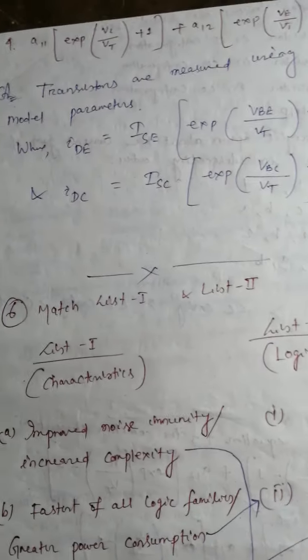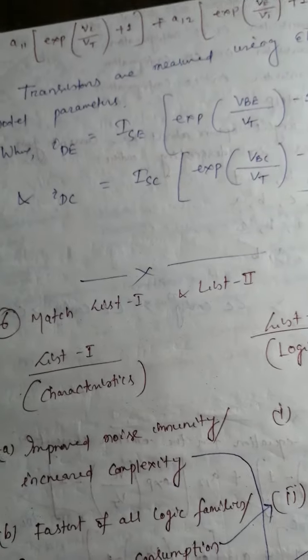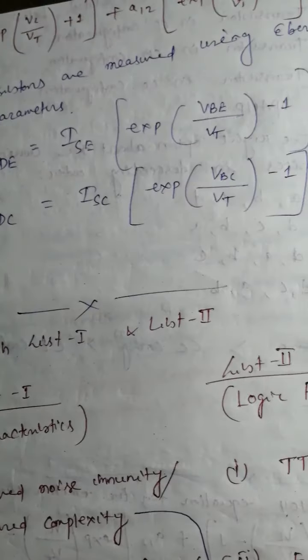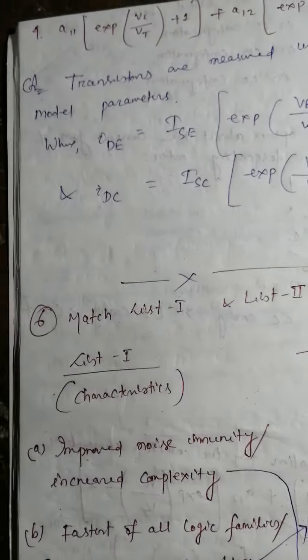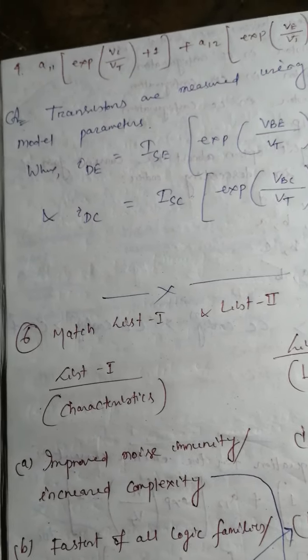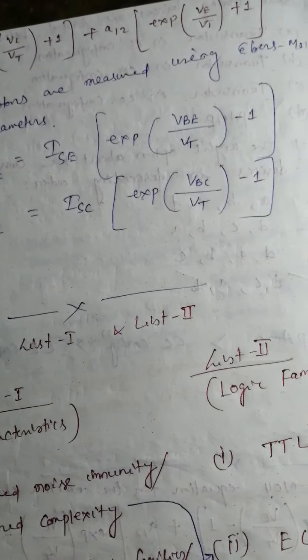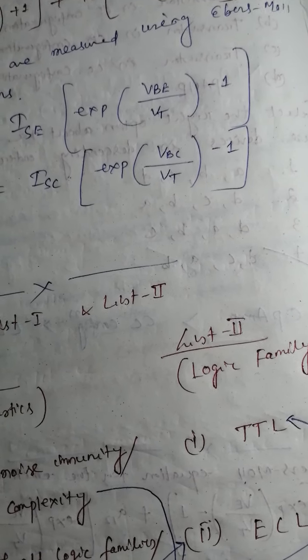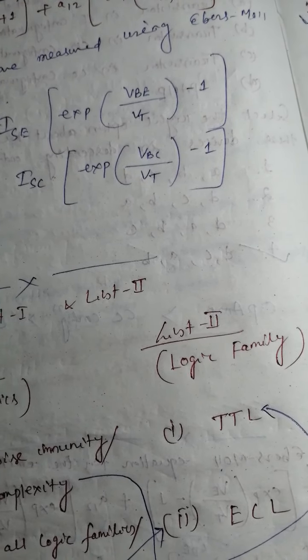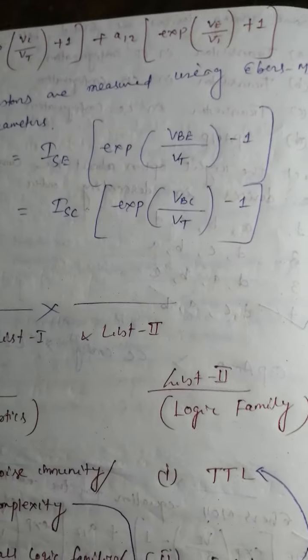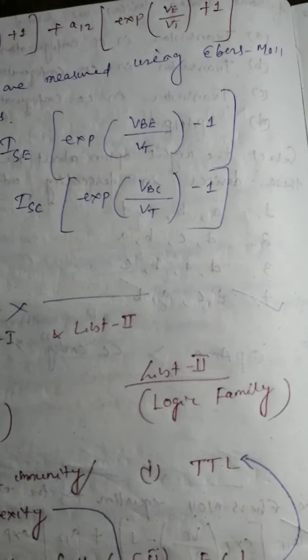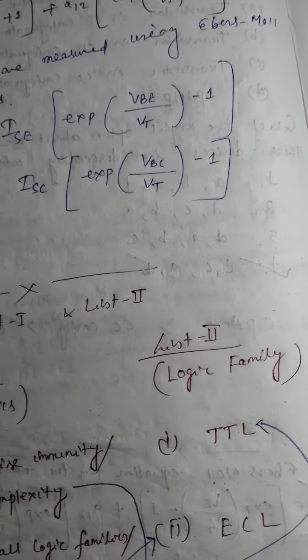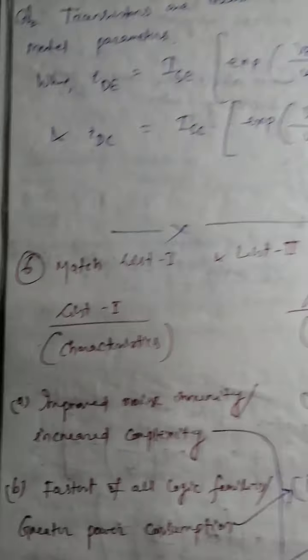The explanation for the answer is like, transistors are measured using Ebers-Moll model parameters, where IDE equal to ISC whole into exponential of VBE divided by Vt, minus 1, bracket closes.